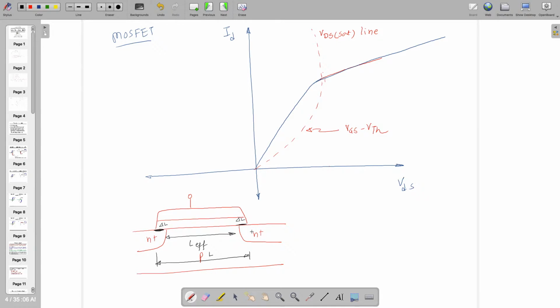And because of that, earlier in the equation of drain current, I'm writing only in saturation, because this effect is only valid in the saturation mode of operation. In the case of BJT, it's only valid in active mode of operation, because the names are swapped.